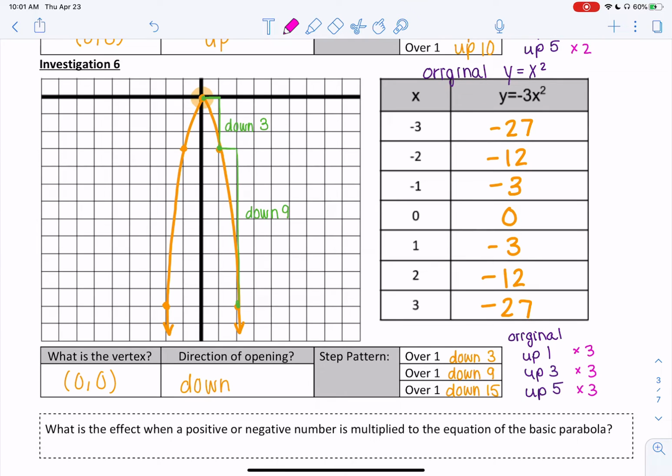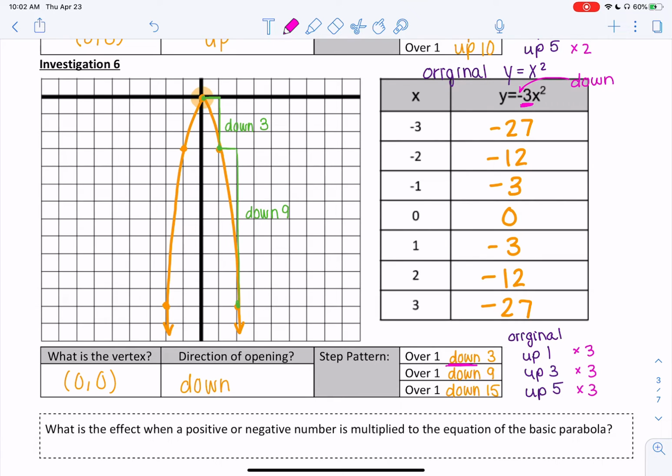And where did I get that number 3? It just comes from my equation up here. Now, the other difference is I'm not going over 1 and up, I'm going over 1 and down, and the down part is coming from the negative here. That's what makes it go down.